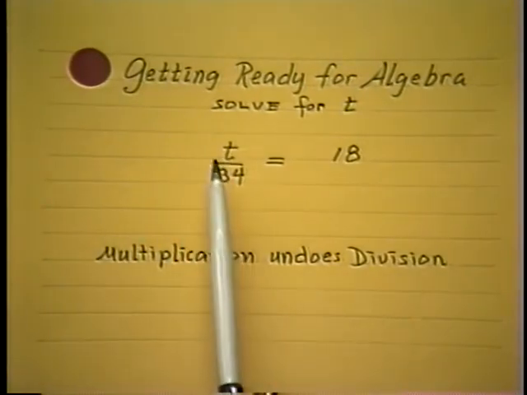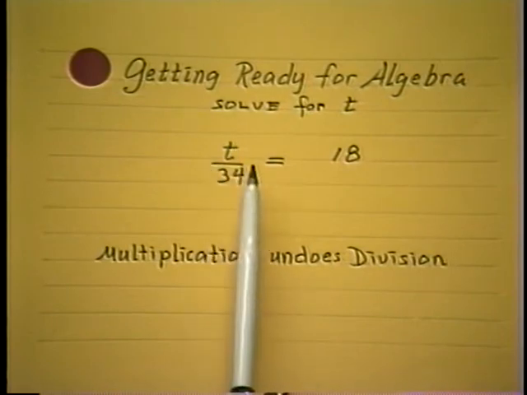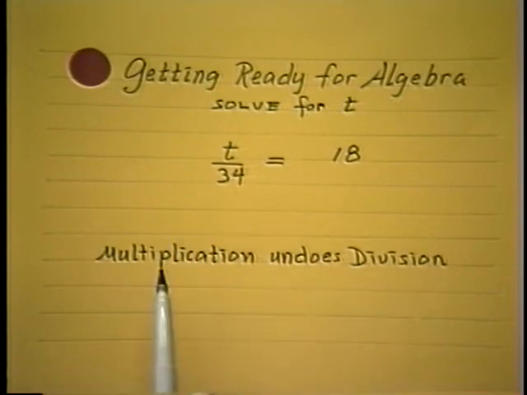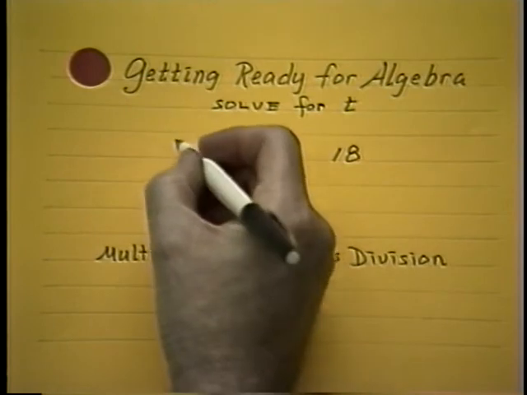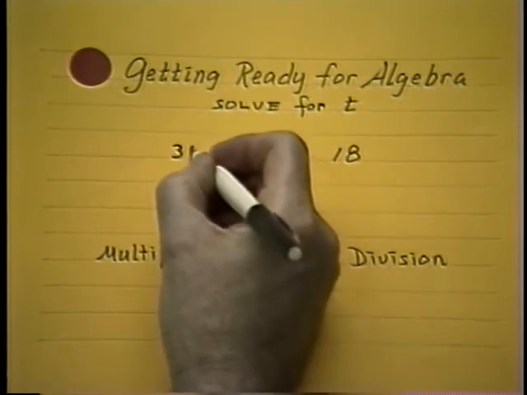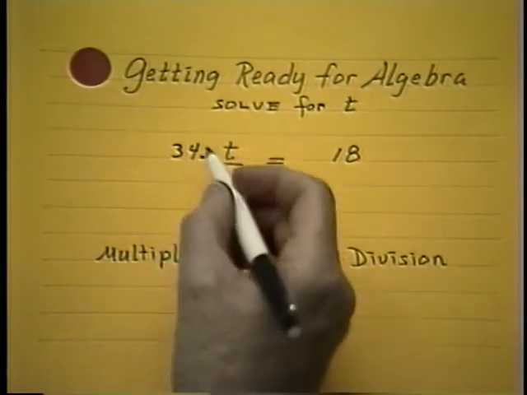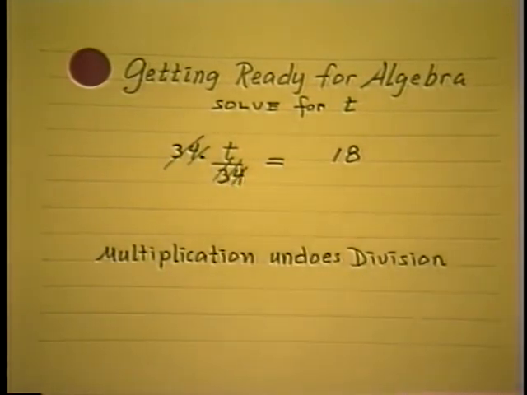Now, what happens if we have an equation in which the variable is only being divided by another? Here the key idea is that multiplication undoes the division. So multiplying something by 34 undoes it having been divided by 34.